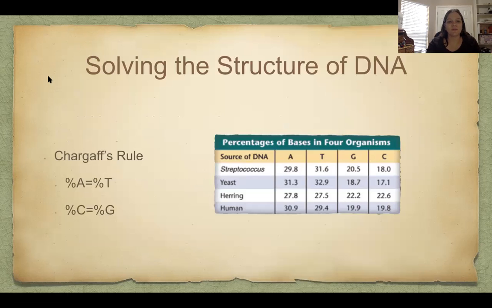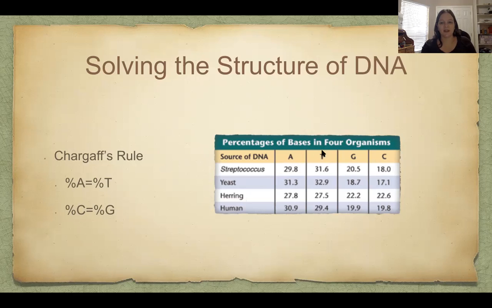So there were several people involved in determining the structure of DNA and how DNA is put together and what it's made of. One of these people is a guy named Edwin Chargaff, and he looked at several different organisms and determined the percentages of these four bases in different organisms.